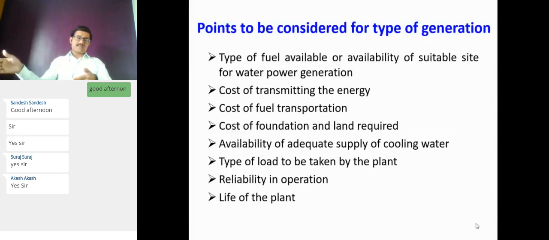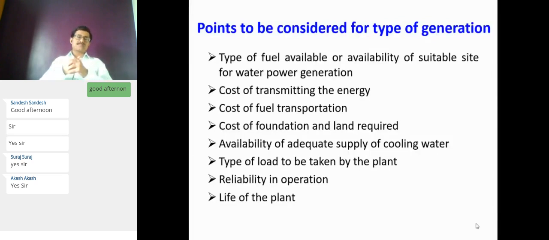So they are not at very long distances, isn't it? The distance between the load center and the generation center is very less. So that's why probably the cost of transmission is less for the thermal power plant as well as the diesel power plant.